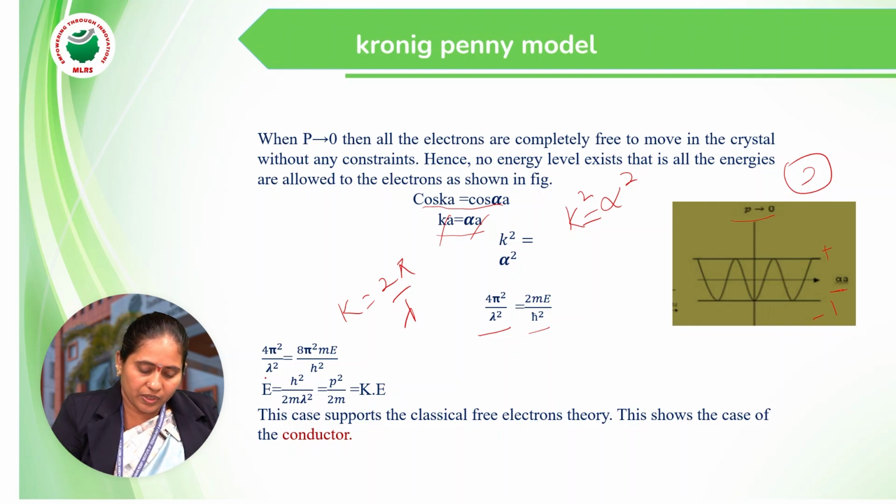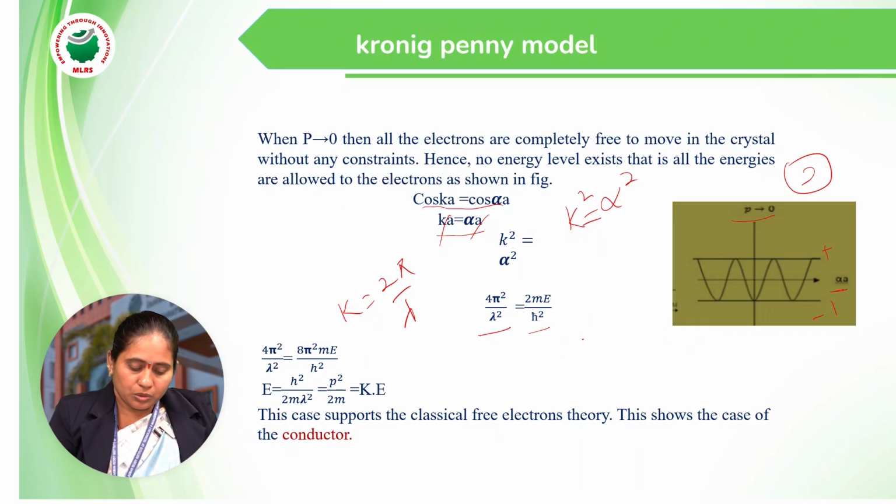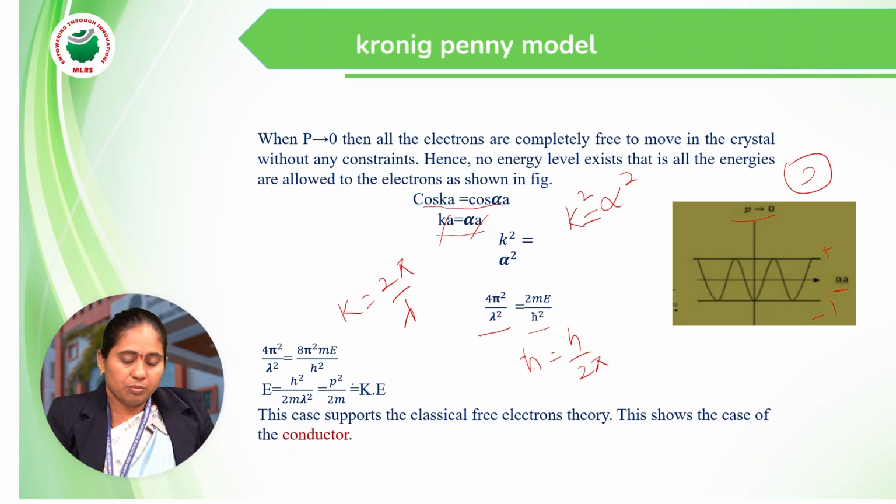After simplifying this equation, what will happen? Substitute h cut as h by 2 pi, rearrange and simplify the terms, then you will get E equal to p square by 2m, which is the kinetic energy of the electron.